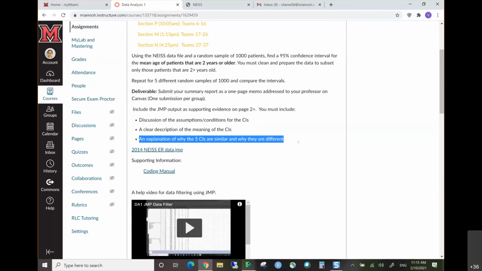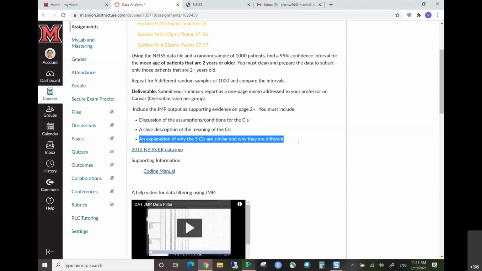We do the confidence interval to estimate the population mean. Does the population mean change when we collect these 5 different samples? No, right? We are collecting 5 different samples from the same population. That means the population mean didn't change. So your confidence intervals should always be around the population mean. So of course your confidence intervals will be similar.